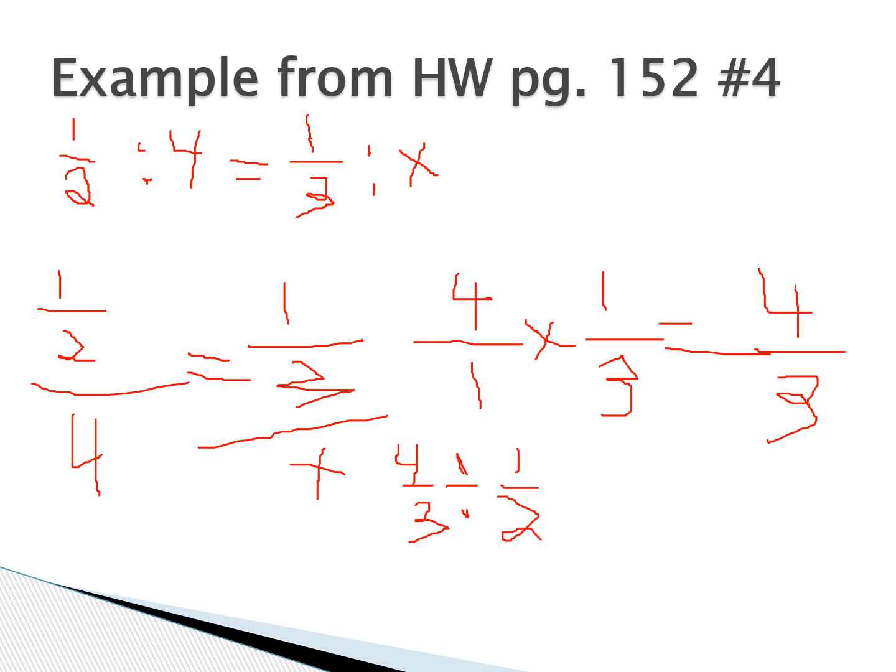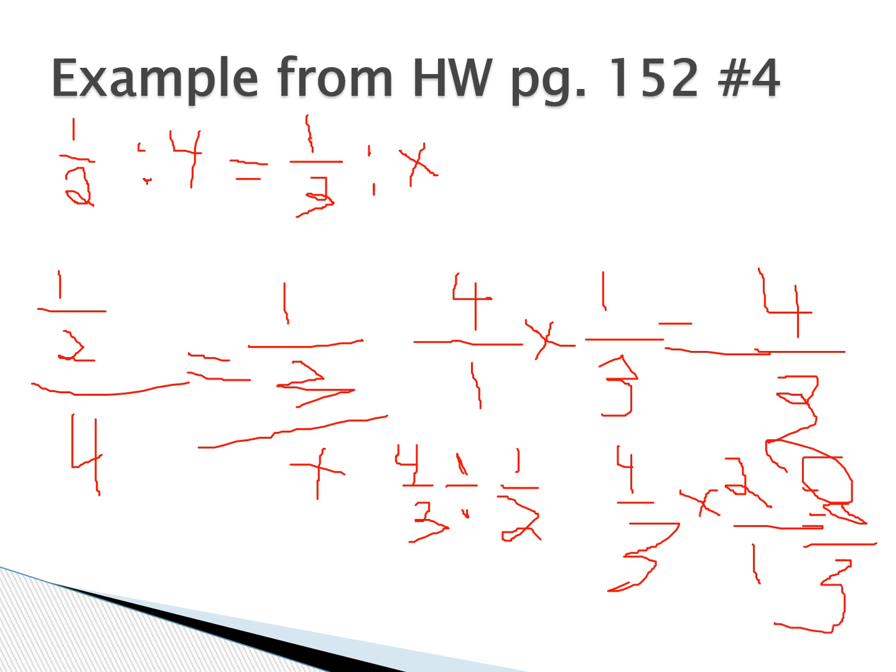We have to flip the second one. So now we should have 4 over 3 multiplied by 2 over 1. So we should get 8 over 3.